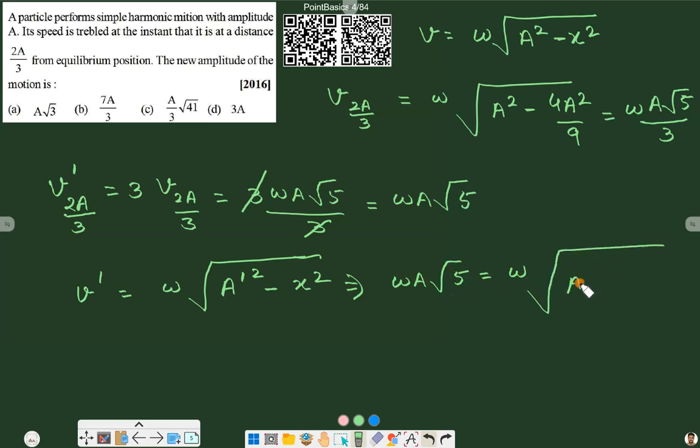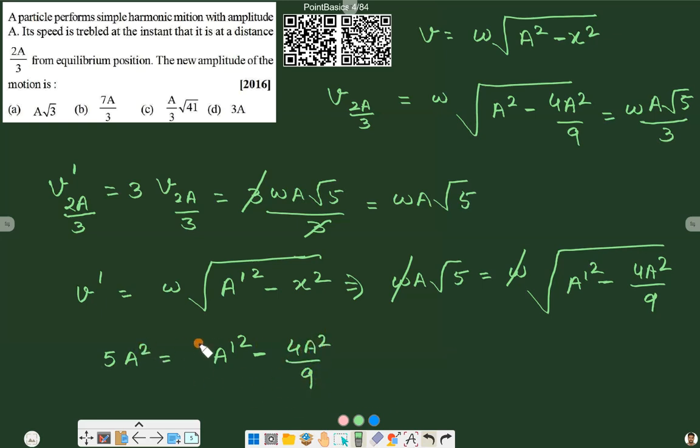equals omega times root of new amplitude square minus displacement from mean position square. The displacement from the mean position is the same because we are at 2a by 3 from the mean position, so this will give us 4a square by 9. So omega gets cancelled. Squaring both sides, we will get 5a square is equal to a dash square minus 4a square by 9.